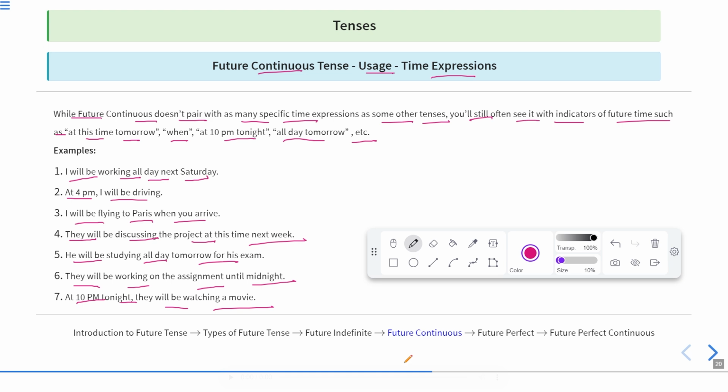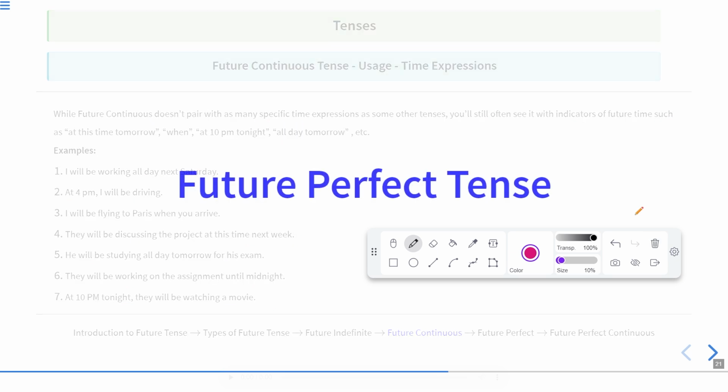One more thing, when we talk about any continuous tense or perfect continuous tense, they will not be converted into passive voice. It means present perfect continuous, past perfect continuous, and future perfect continuous. These three tenses are never converted into passive voice. Also, future continuous tense is also not converted into passive voice. Okay. Now let us move to the next one.